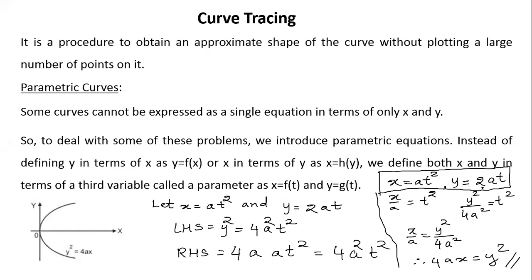Whereas if the same thing is done in the second equation, then we'll be having the new equation as y is equal to 2 into a into minus t. So sign is going to change. So after replacing t by minus t, the x equation remains unchanged, whereas the y equation changes in sign. Or you can say that there are even powers of t in the first equation, whereas there is an odd power of t in the second equation. In that case, the curve is symmetric about x-axis. Yes, this is one property we have understood.